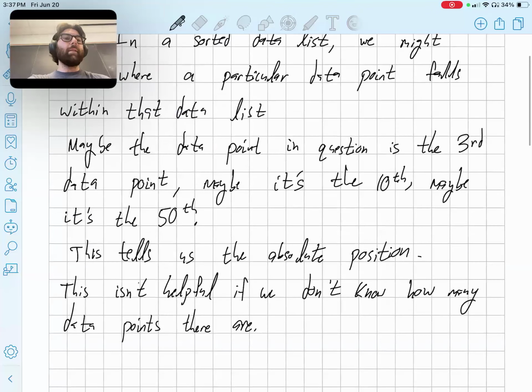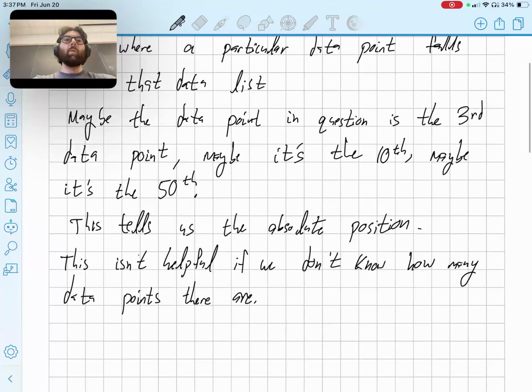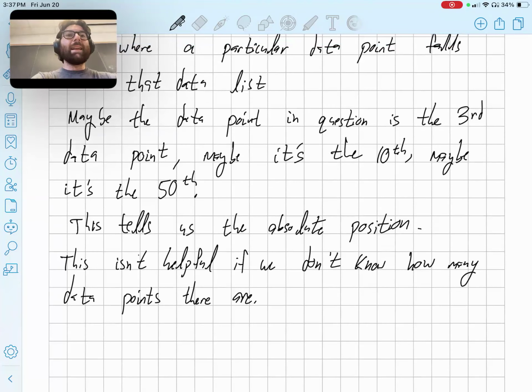For example, if it's the 10th data point in that data list, well, is that 10th out of 10? Is that 10th out of 20? Is it 10th out of 10,000?